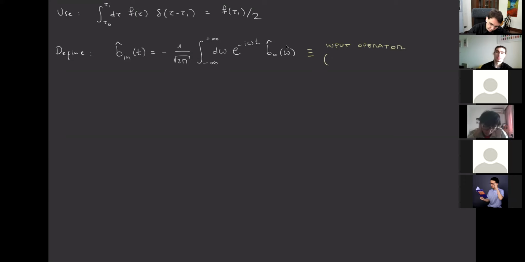And it's just the Fourier transform of the t equals 0 environmental operators, okay?